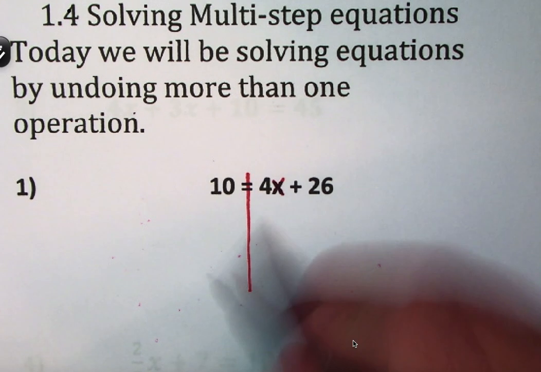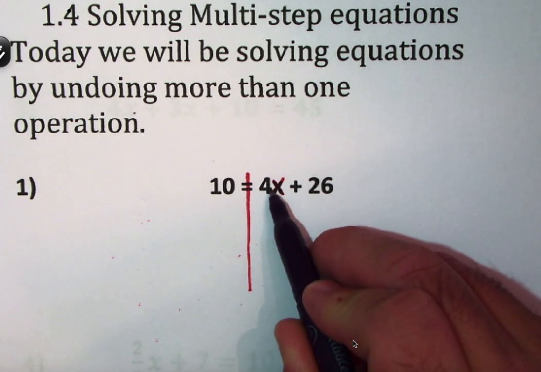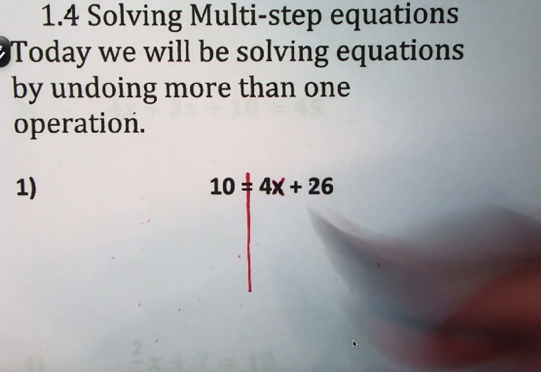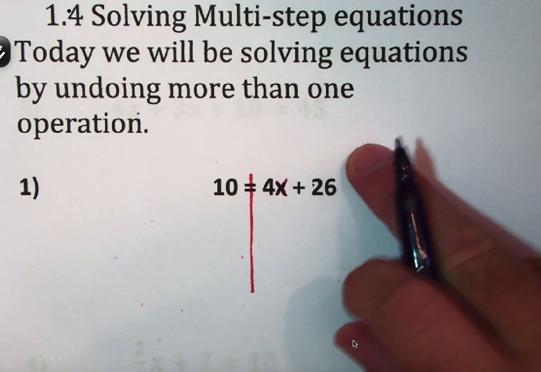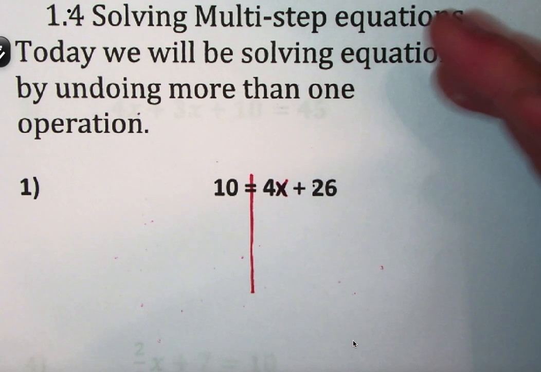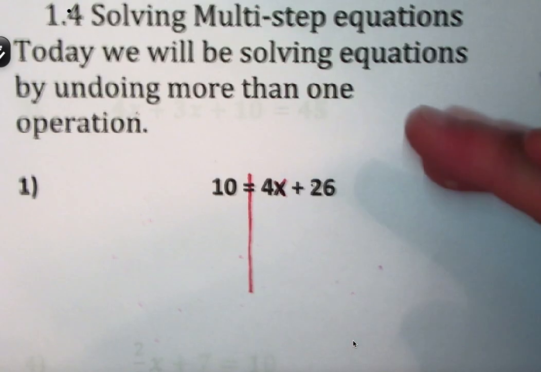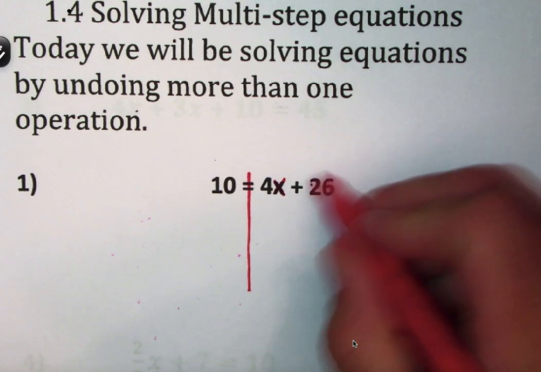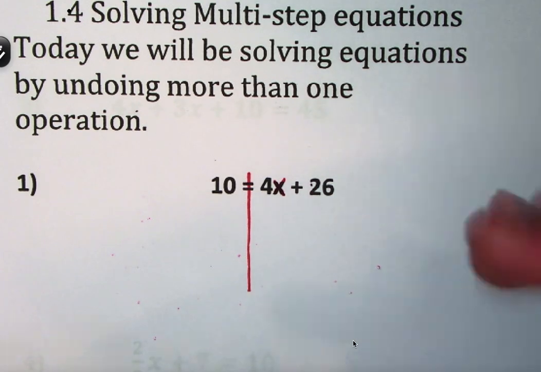Okay, so we have to undo the times 4 and the plus 26. What do you think we should do? Good. So your teachers last year said, unless you're dealing with some parentheses, we actually want to undo any addition or subtraction first, right?